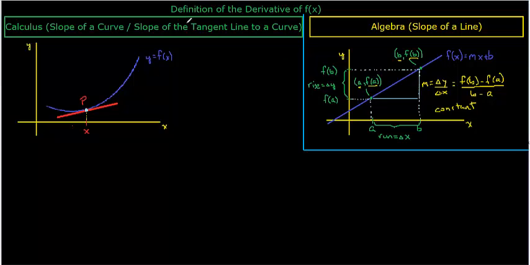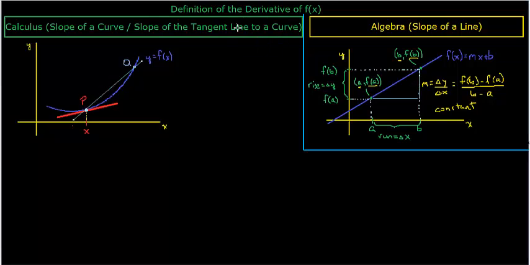So the basic idea conceptually, to find the slope of a tangent line, is that we're going to find some nearby point to help us out. So if we call that point Q, we now can find the slope of a line from P to Q. And we can use our formula in algebra.